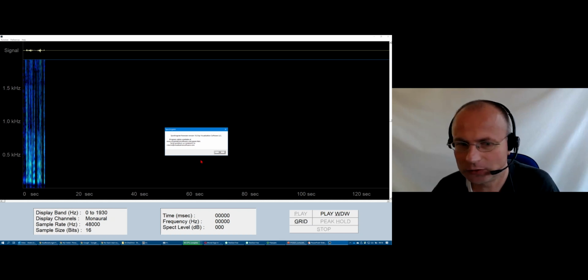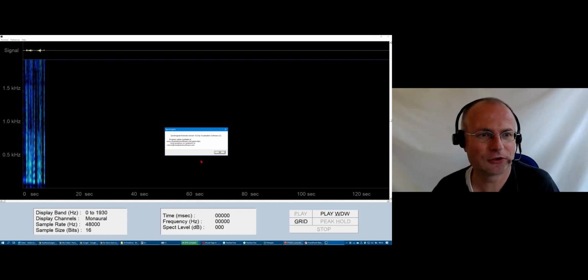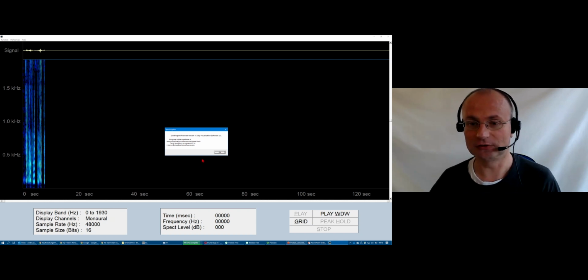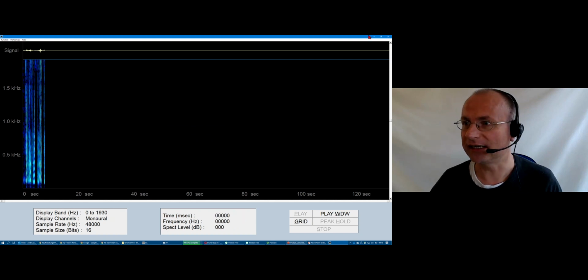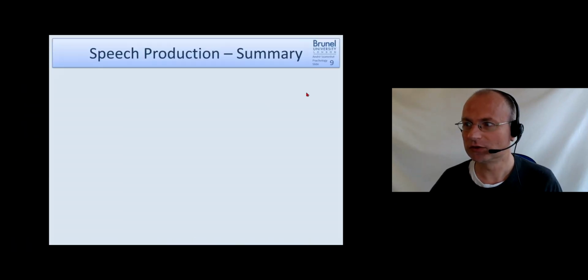It's an old software, I think, but it still works perfectly well. And there's also a version around which you don't need to install on the computer, and you can just run it in the Windows software. Okay, so is everything all right back?